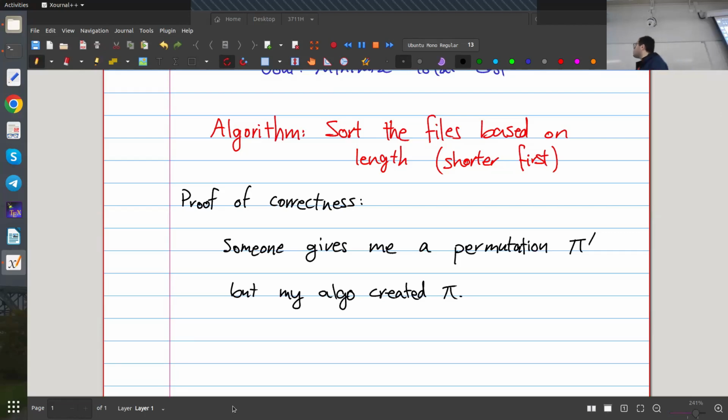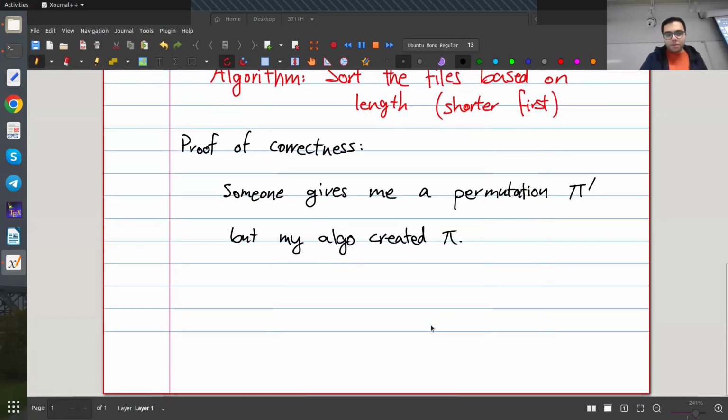I want to show that the cost of P is less than or equal to the cost of P prime. And by the way, when I say someone is giving me something, basically what I mean by that is universal quantification. So this holds for every P prime. I don't get to choose my P prime, someone else has chosen for me. So I have a permutation P prime that someone else has chosen and given to me.